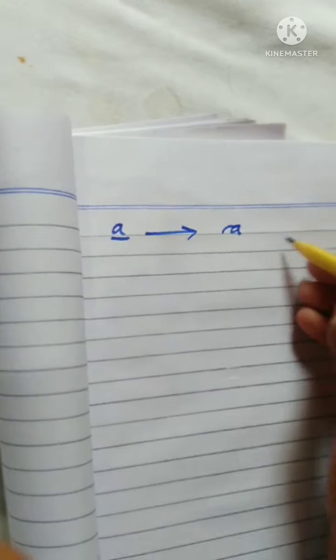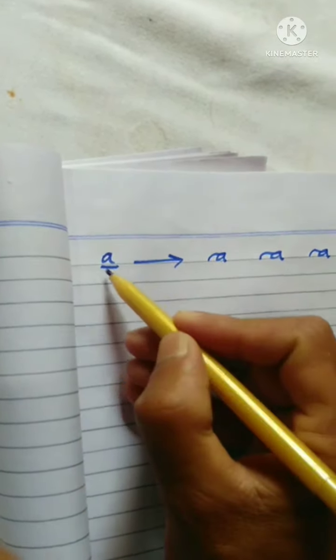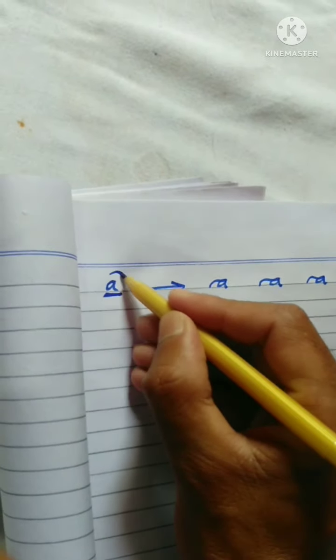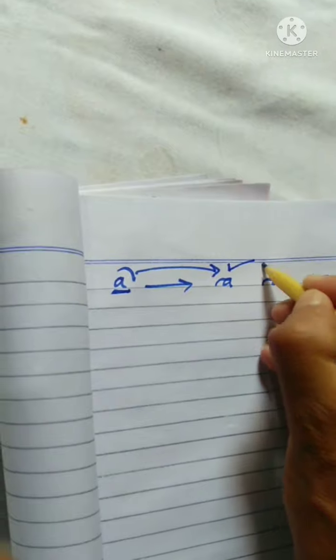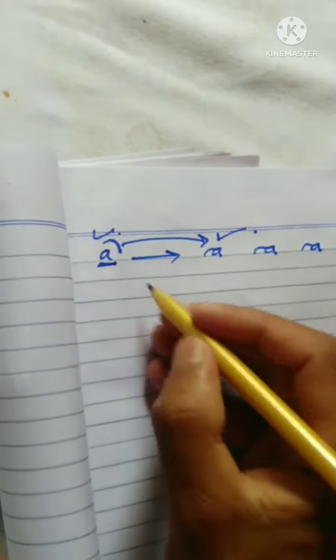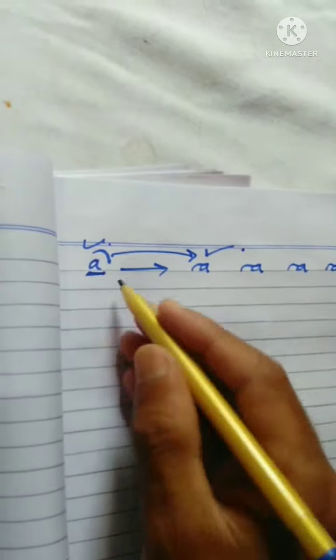In joint writing, we may write A like this, not that. So let's practice alphabets with tail.